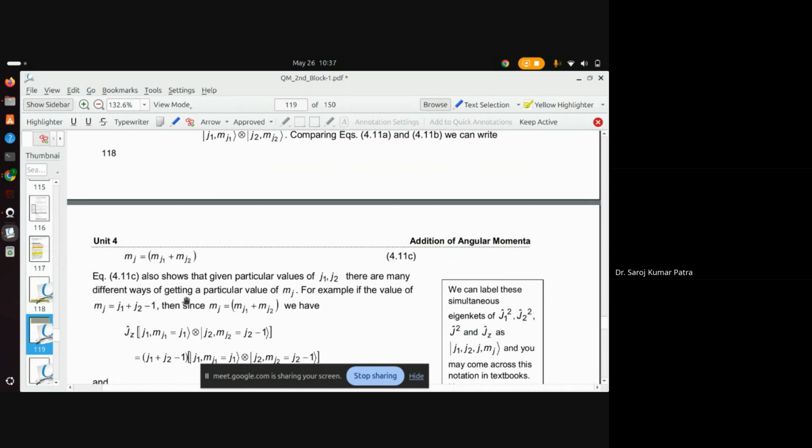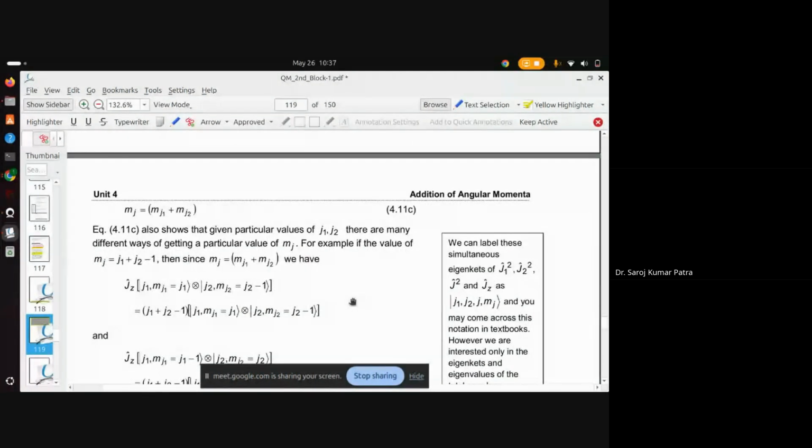कैसे? वो दो एग्जाम्पल बताया है. For example, if the value of mj is equal to j1 plus j2 minus 1, मान लो हम बोल रहे हैं कि mj का वैल्यू j1 plus j2 minus 1 है. So how many ways can I achieve it? It is given in two ways.